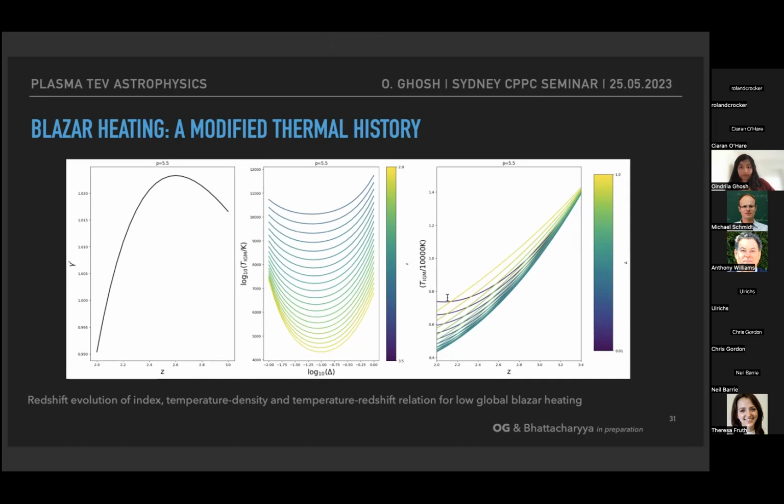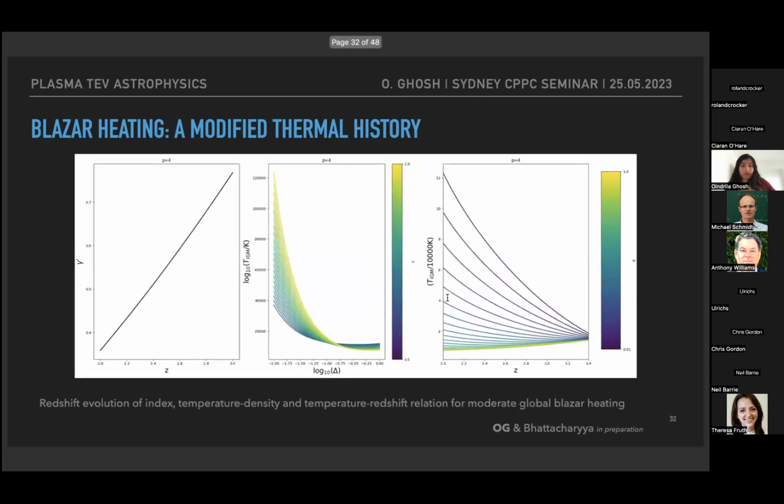And this is for a more optimistic heating scenario, which we call intermediate heating. And here this is even more clearly demonstrated: the temperature density relation has inverted, and we see the impact of blazar heating quite pronounced in underdense regions.